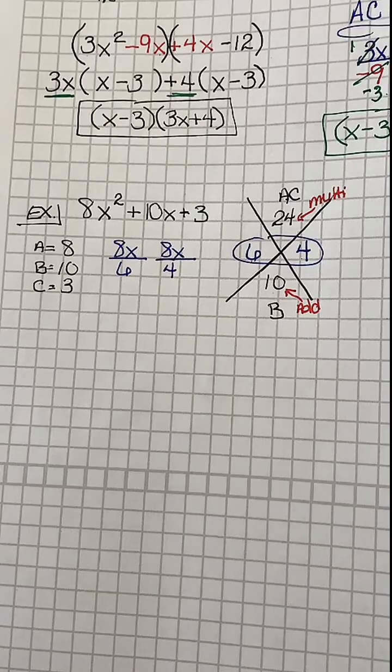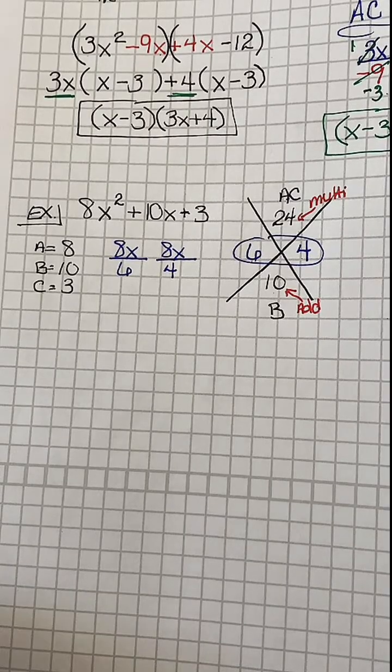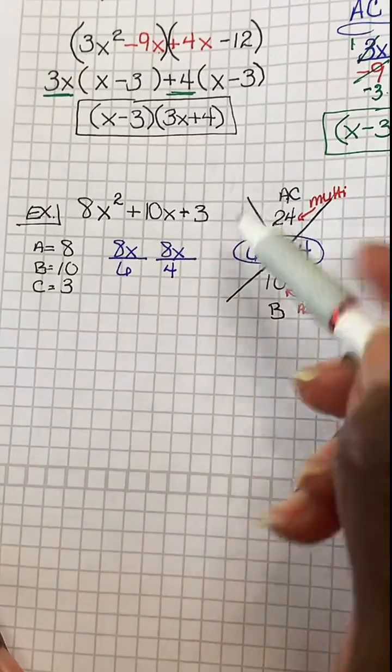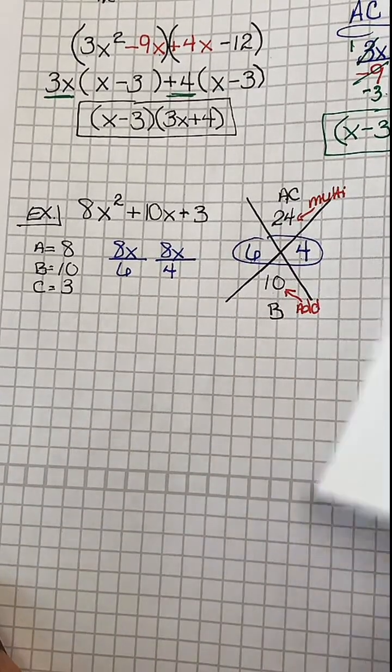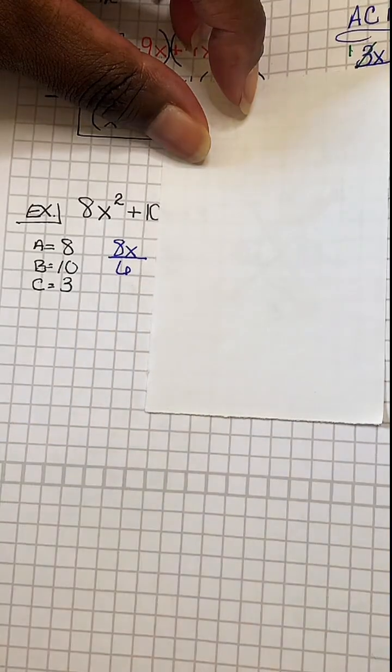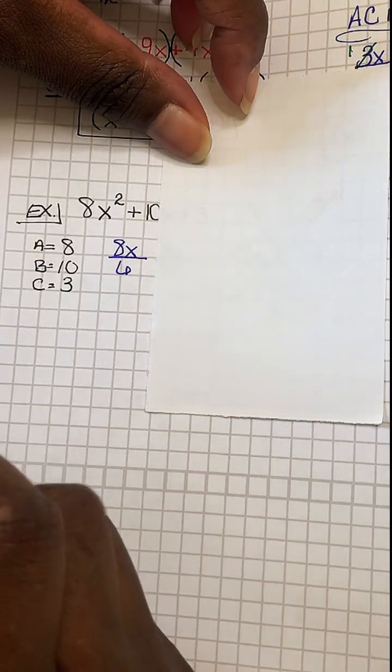Now let's reduce our two fractions. We have 8 and 6. They're both even numbers, divisible by 2.